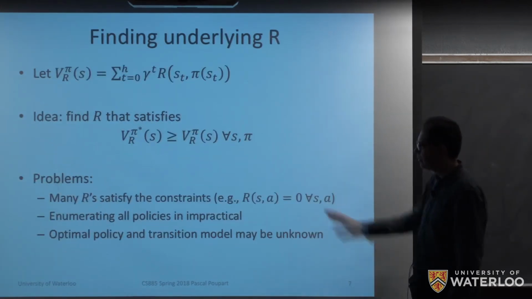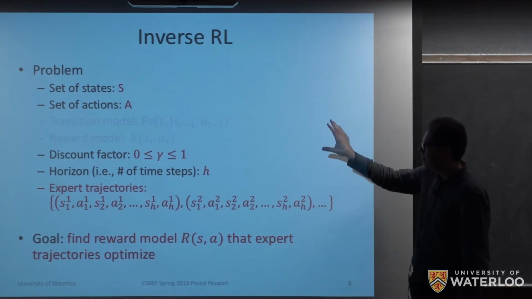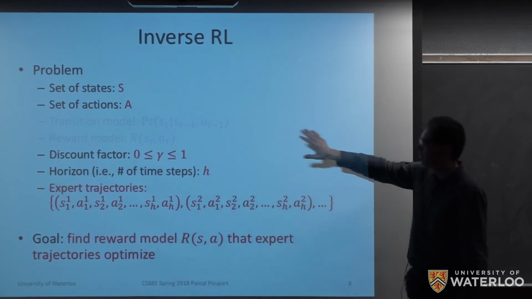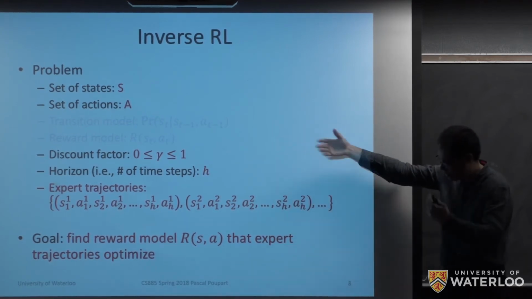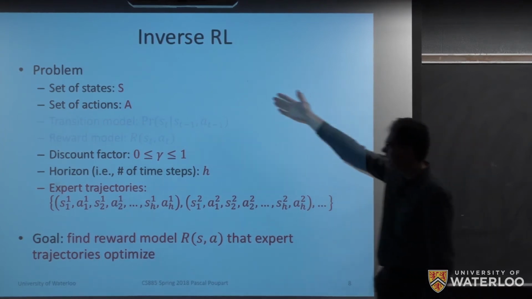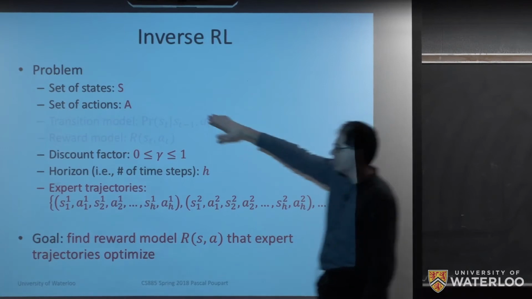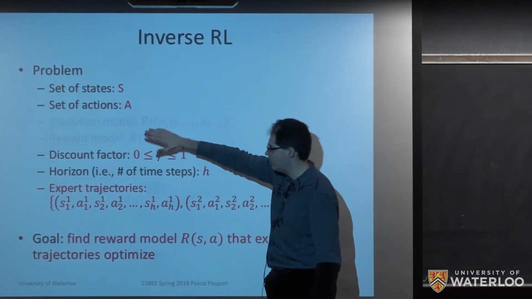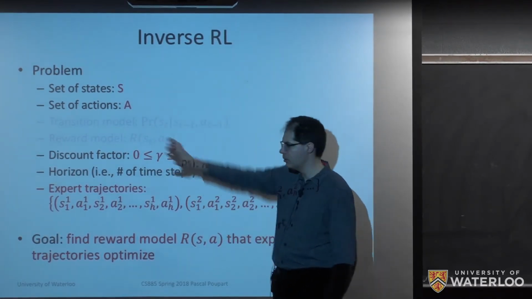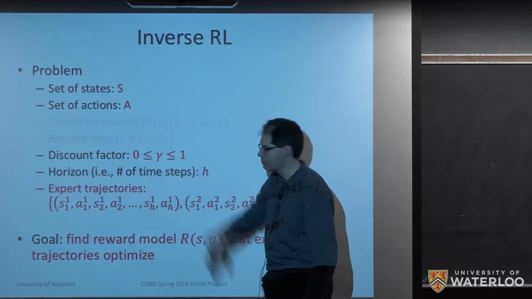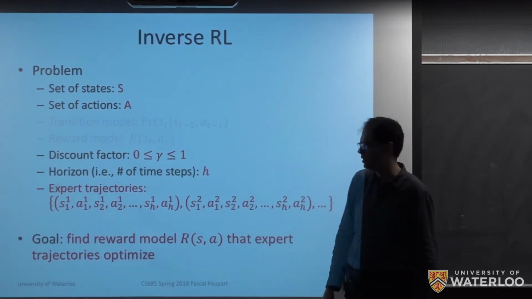Okay, so to deal with those problems, an alternative formulation that does correspond really to inverse reinforcement learning would work as follows. So you have states and actions. Now we're not going to assume the transition model, so that's why it's grayed out. We don't have the reward model either, so that's why it's grayed out.